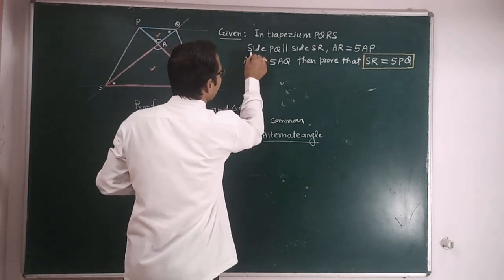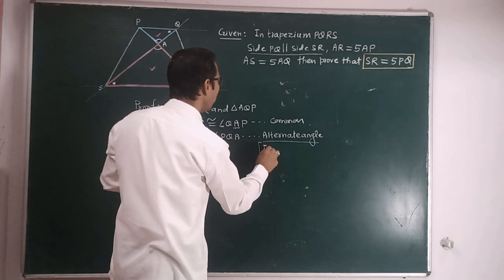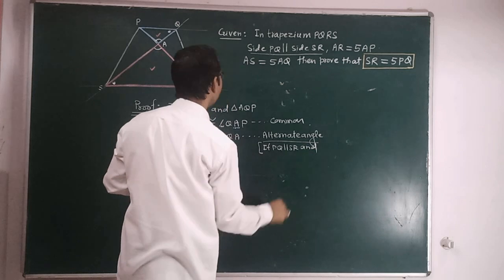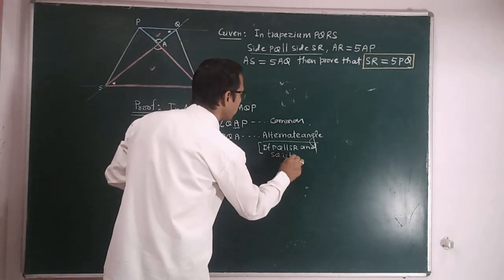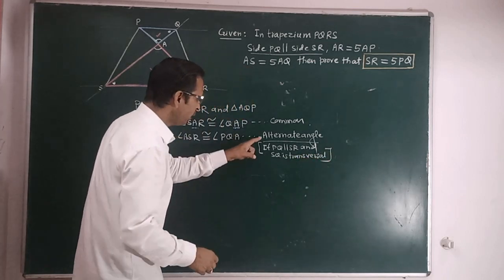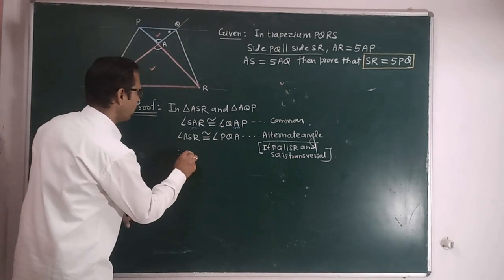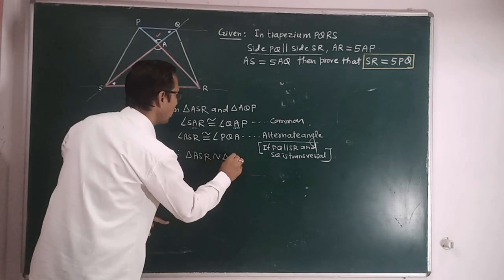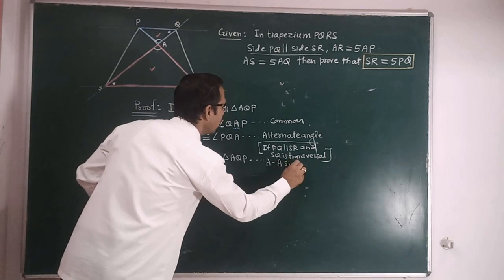Because PQ is parallel to SR. We write here, if PQ is parallel to SR and SQ is a transversal, then this is an alternate angle, and that's why it is congruent. Hence triangle ASR is similar with triangle AQP by AA similarity test.